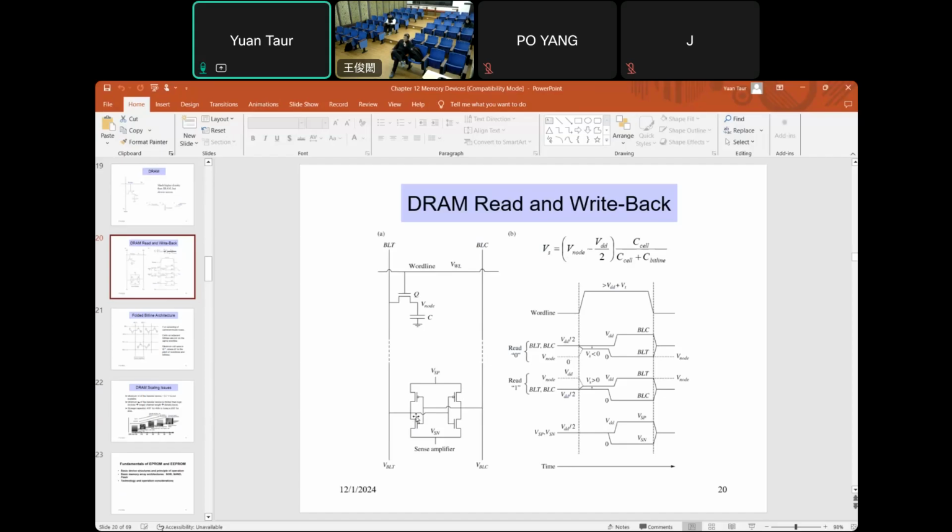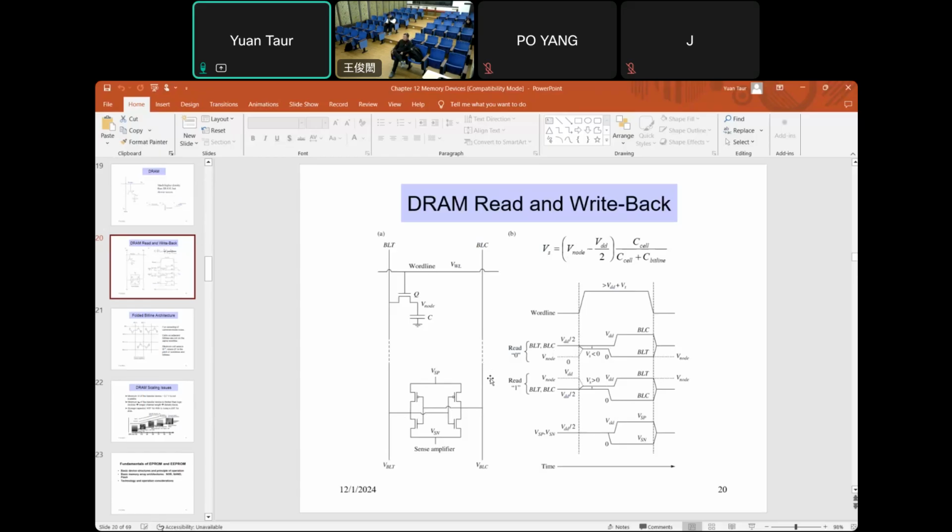So in that case, this sense amp, after you apply VDD and 0 to the power supply, will go to the state where the left side is 0 and the right side is VDD, which means that, you can see here, the bit line, if it's really 0, then the BLT becomes 0 and BLC becomes VDD.